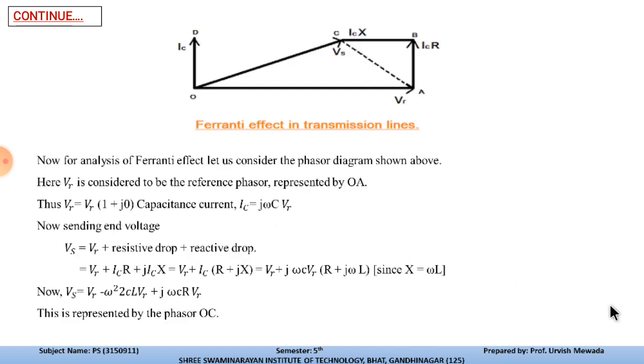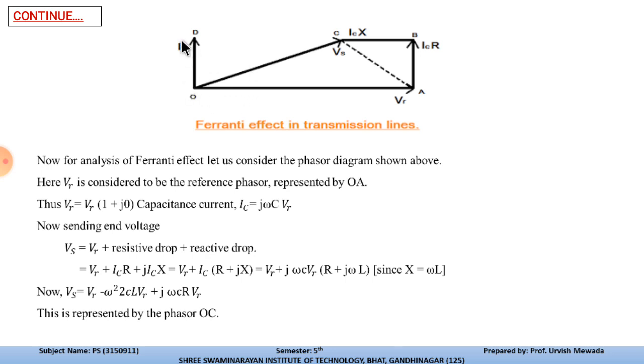So let us discuss the Ferranti effect through the phasor diagram. Here VR, the receiving end voltage, is taken as the reference, and the current due to the capacitor leads VR by 90 degrees. So OD represents the current passing through the capacitor.